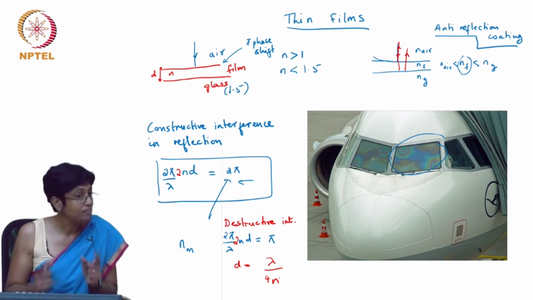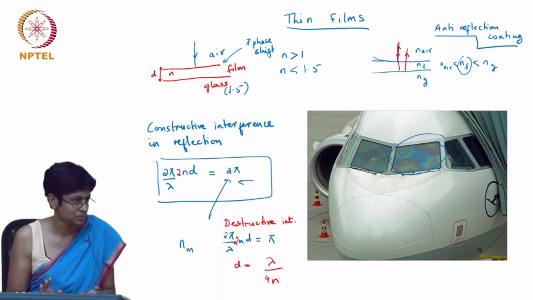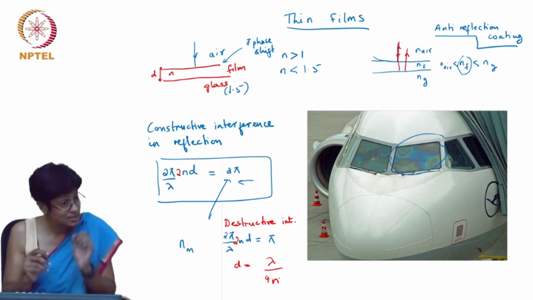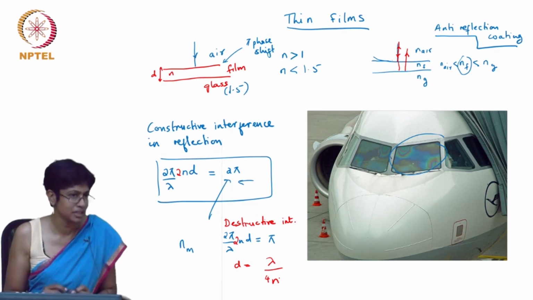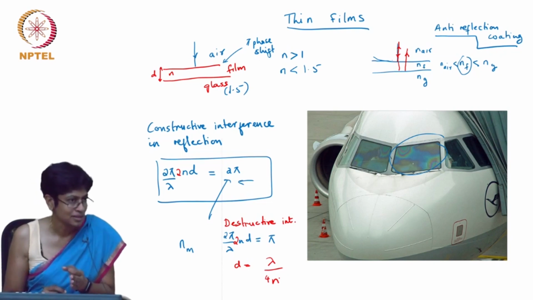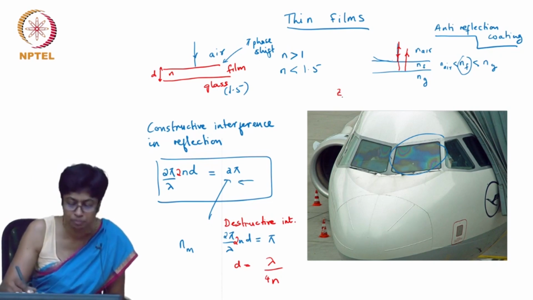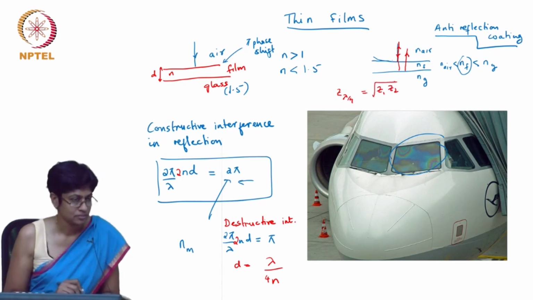But if you haven't got the right refractive index, you are only reducing the reflection, you are not making it go to 0. And this is the same condition that you will have with a transmission line. In a transmission line, you are not talking about refractive index, you are talking about impedances, right. So, in a transmission line, you will say the impedance of that quarter wave plate has to be root of Z1 Z2, right.